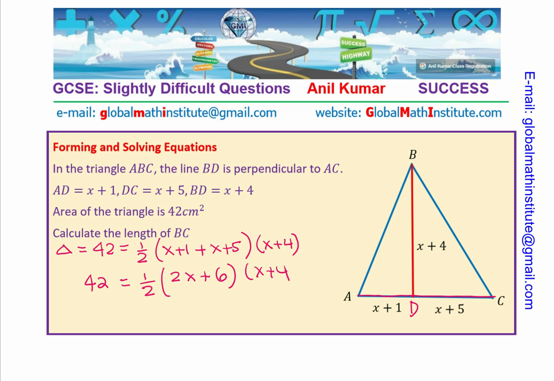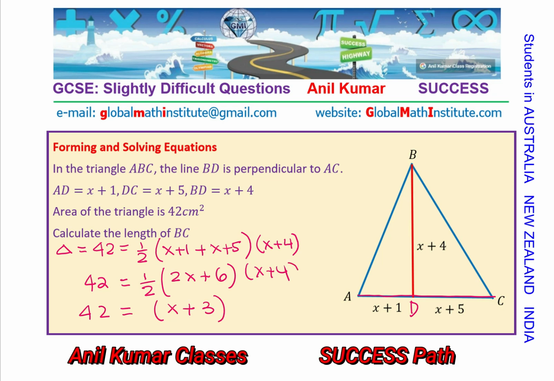Clear? Now it is interesting to see that both the terms inside this bracket, 2x and 6, can now be simplified. So you can rewrite this as x plus 3, and we'll multiply this with x plus 4. So we are having a quadratic equation on the right hand side. Perfect.